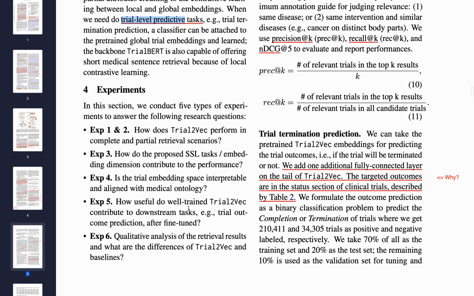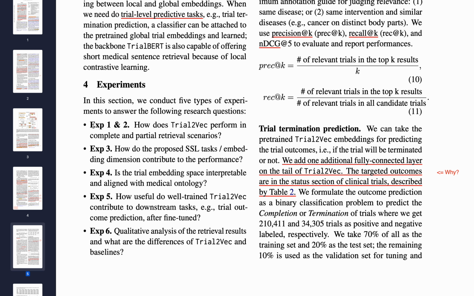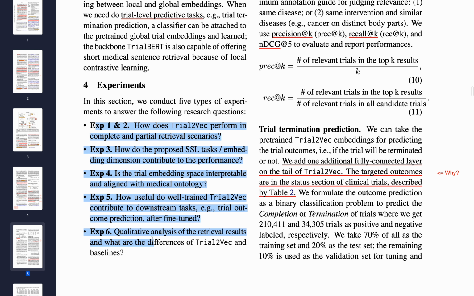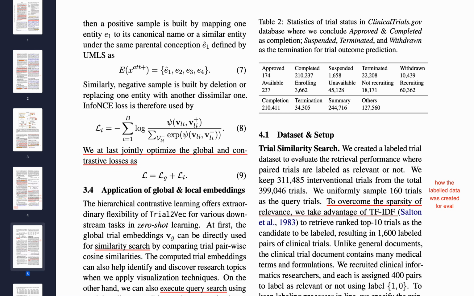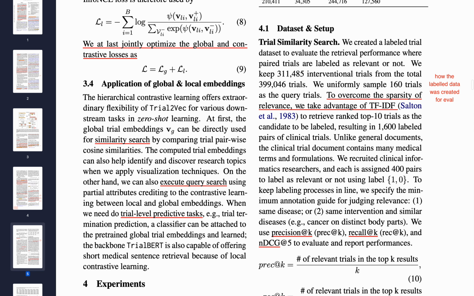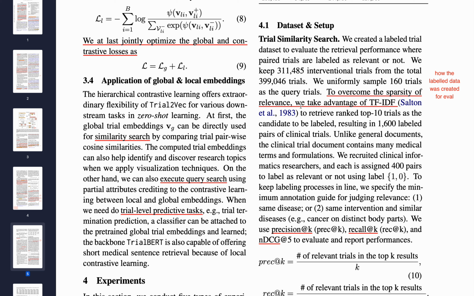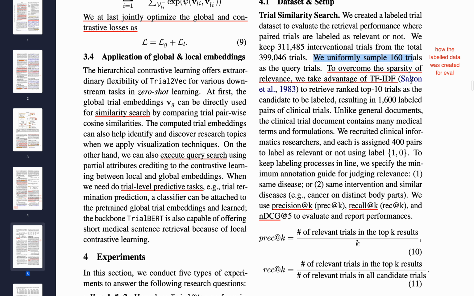All right, so then they have designed a few experiments to understand how well the model is performing, if the representations have any meaning by themselves, and we'll look at the results quickly. They also talk about the data setup, how they created the validation data. So they sampled 160 trials, then used some sparse technique to find 10 related trials each.